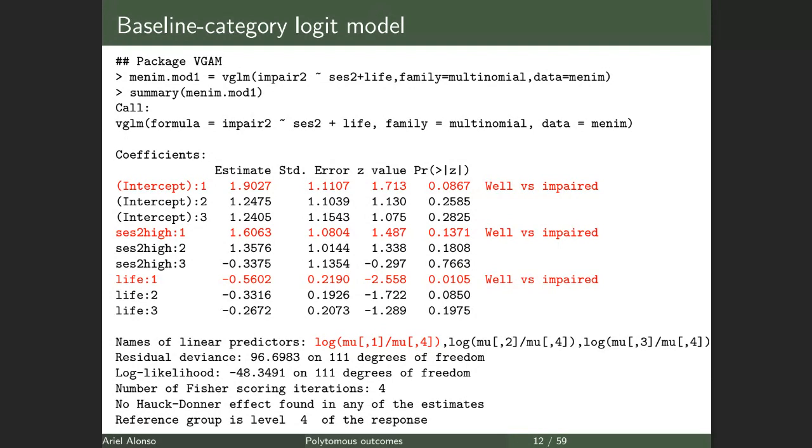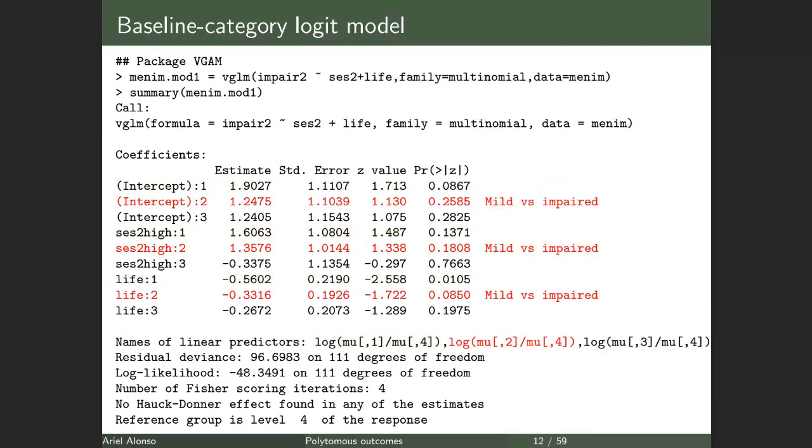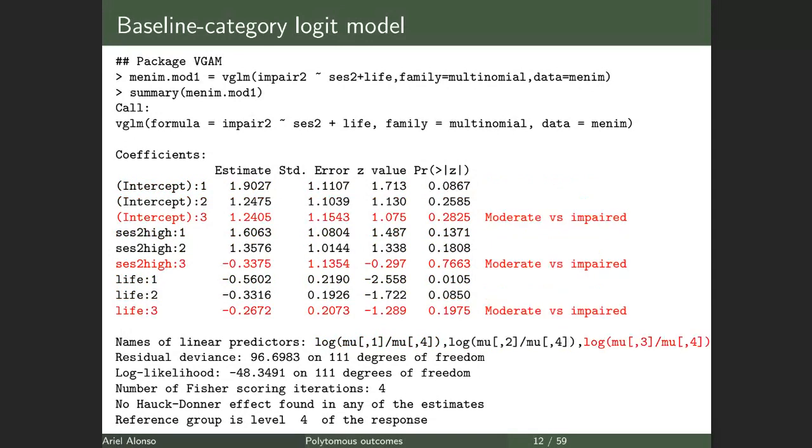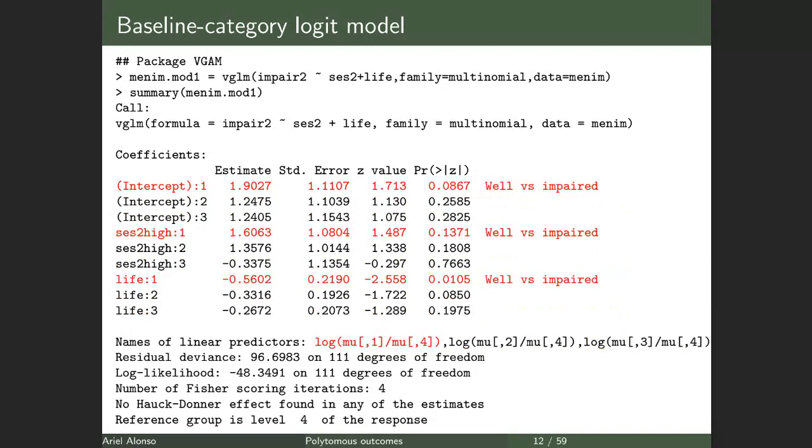So you're going to model, for instance, the logit of being well versus being impaired. Then you're going to model the logit of being mild versus being impaired, and the logit of being moderate with respect to being impaired. Now, let's go back to the first one over here.